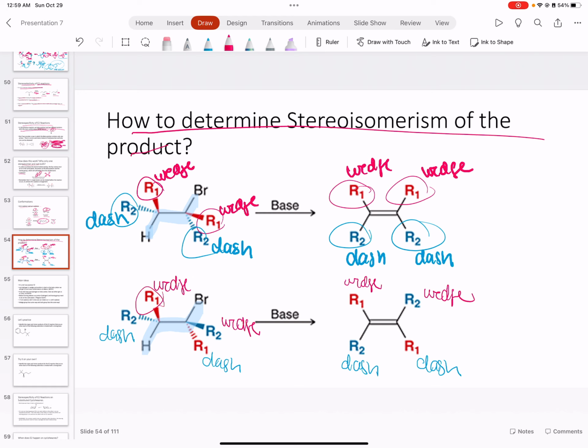This one's on a wedge, R1, and R2 is on a wedge as well in this case. So as you can see, R1 is up and R2 is up. And then in here we have this one dash and this one dash as well. So then we have dash, dash.